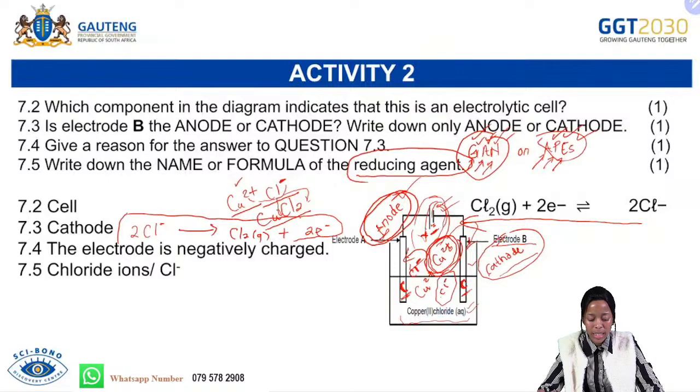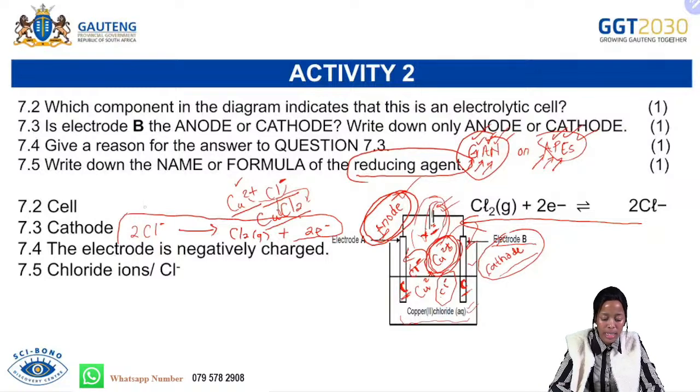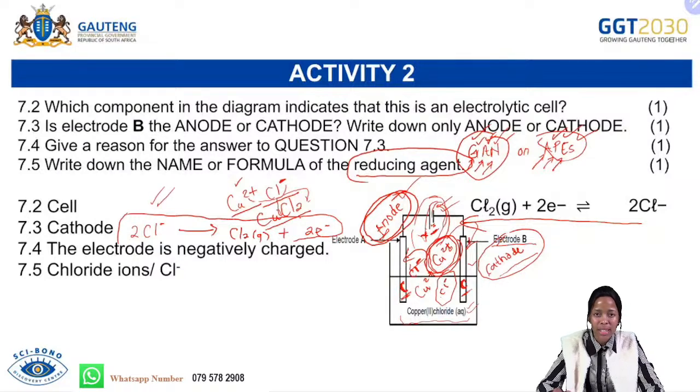Once we have written the oxidation half reaction, the reducing agent will be the reactant, whatever substance that we have there on the left-hand side of the arrow. So reducing agents are reactants only if your oxidation half reaction is written correctly. Okay.